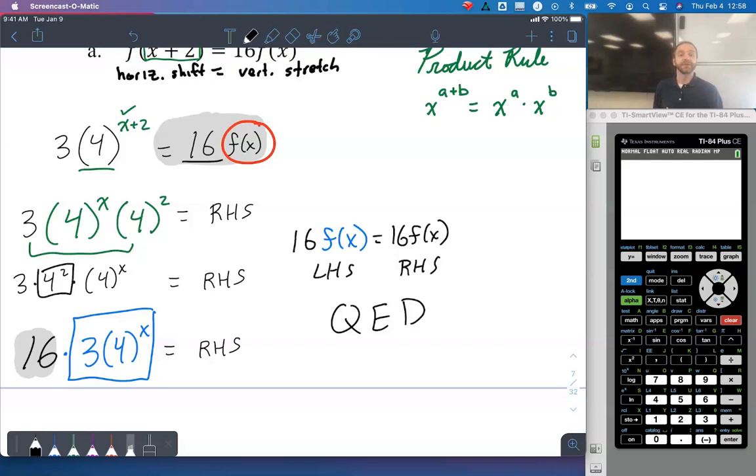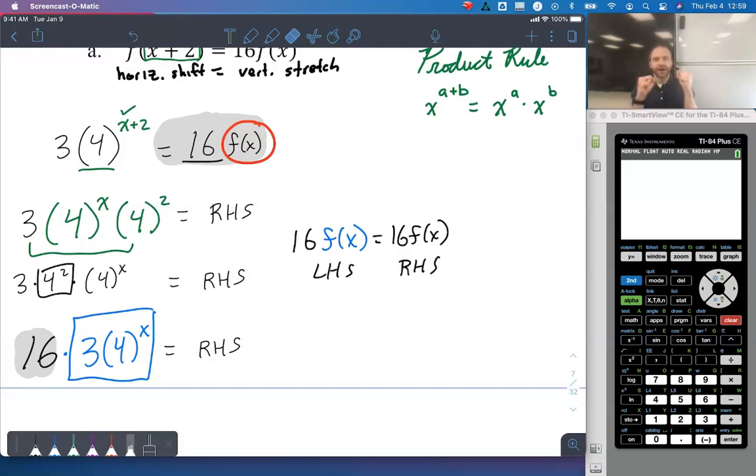Thus it has been proven. The left-hand side equals the right-hand side. But the main idea behind this is you don't really need to know what QED is. It's fun. We're going to get there, though. Don't worry. The main idea we're going to have to deal with is using your properties of exponents to separate one base into 2 bases.